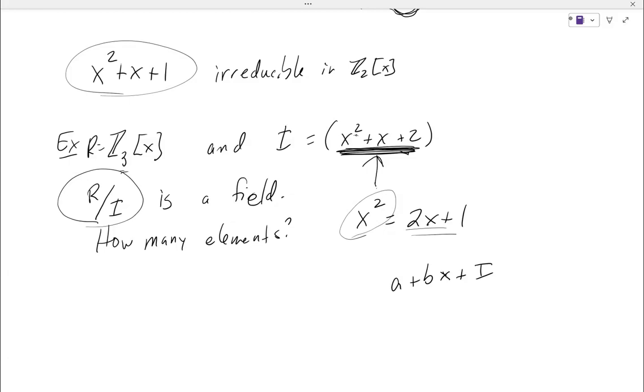Do you have a question, Devin? After this, yes. Okay. How many choices do you have for a? 3. And how many choices do you have for b? 3. So how many total choices do you have for cosets? 9. Yeah, 3 times 3. So it is really a 9. Yes. I think I missed something. How did you pull 2x plus 1 is equal to x squared from that as the 0?